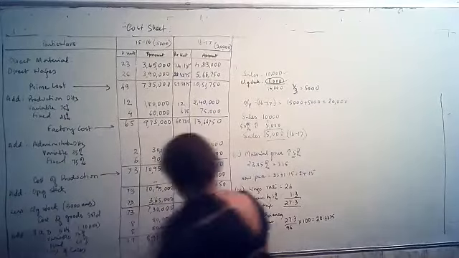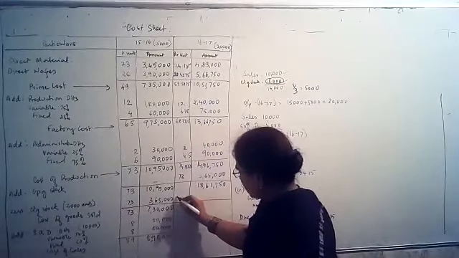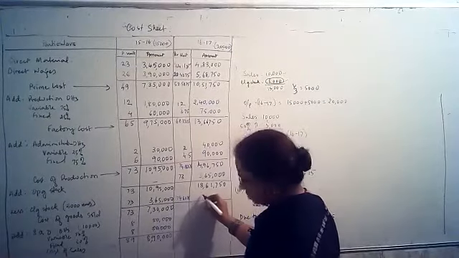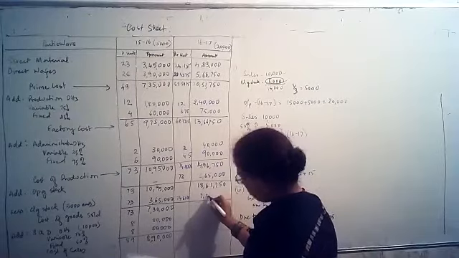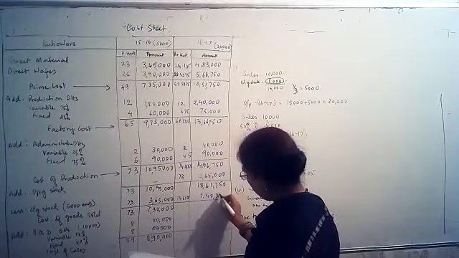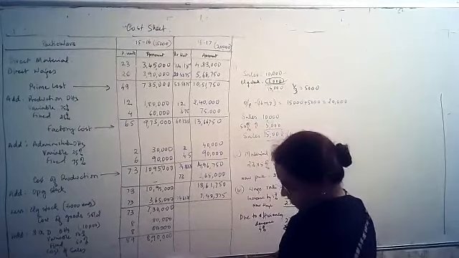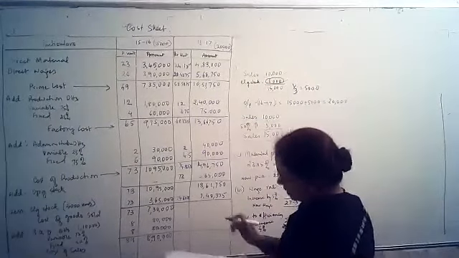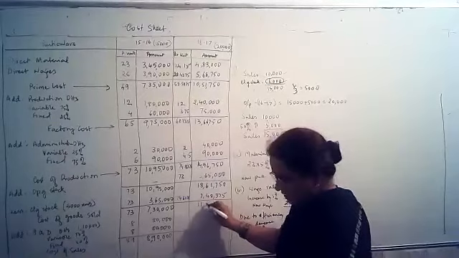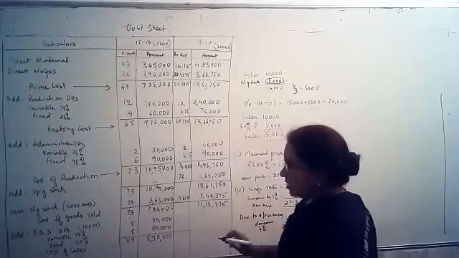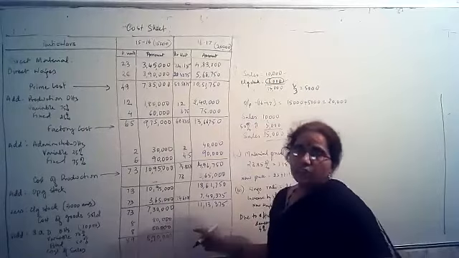So this is my per unit column, 74 rupees 8375. The amount is 7,48,375. Reduce it from 18,61,750, which will give me 11,13,375.